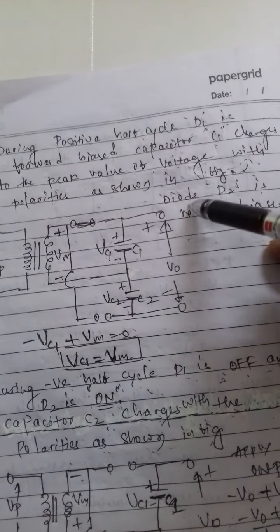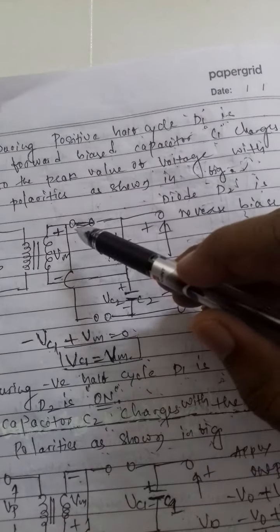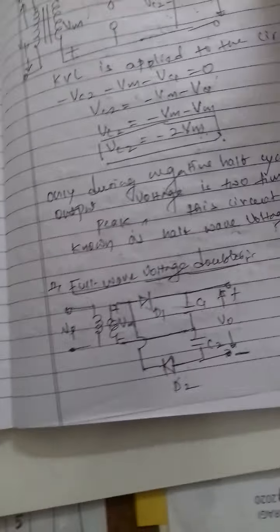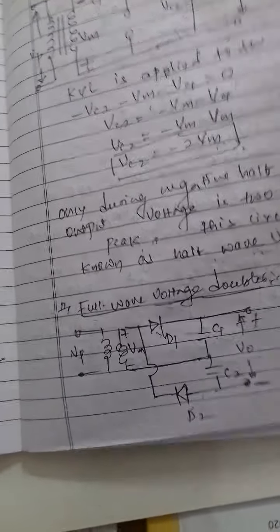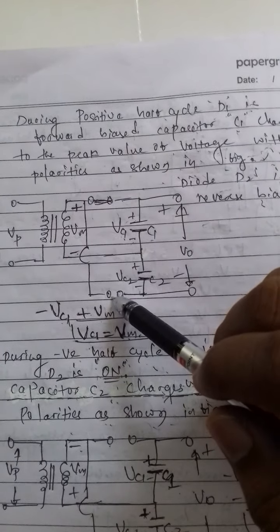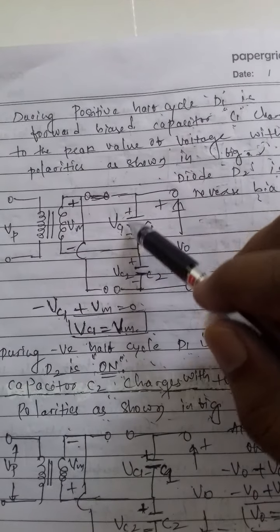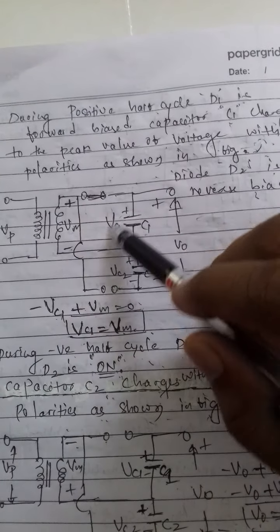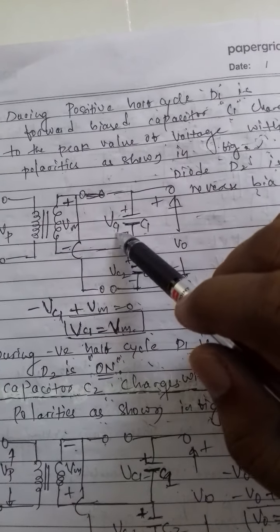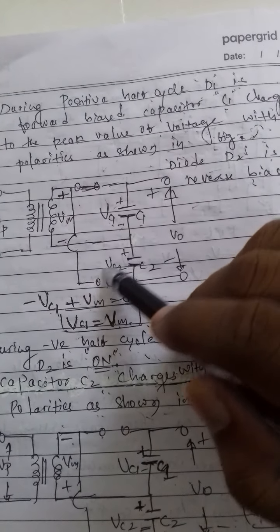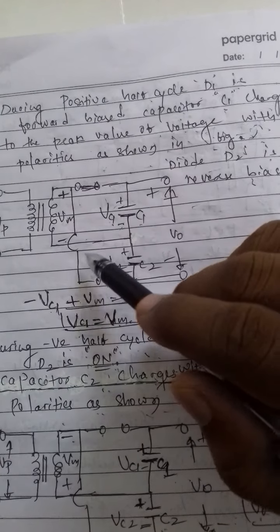Here it forms a closed path, but since D2 is open circuited, there will not be any closed path at this point.